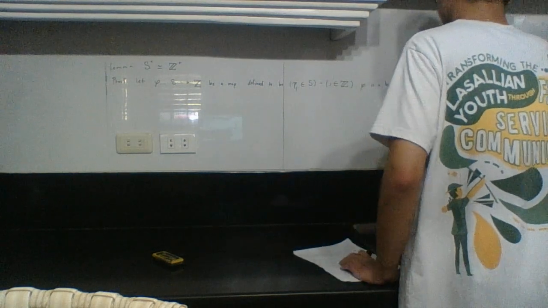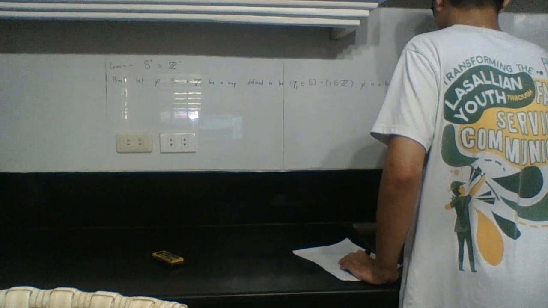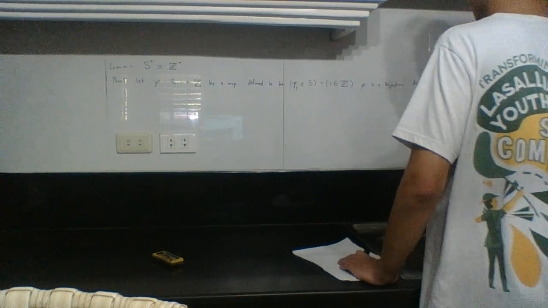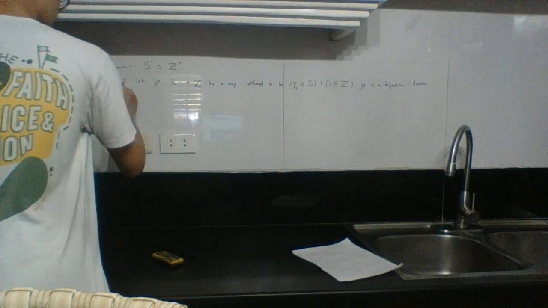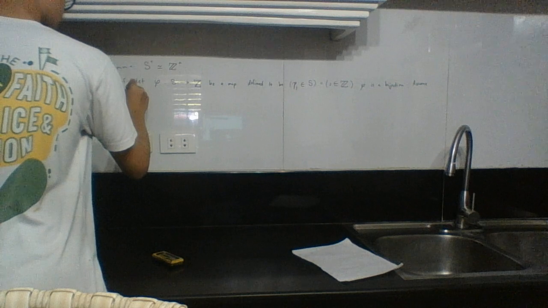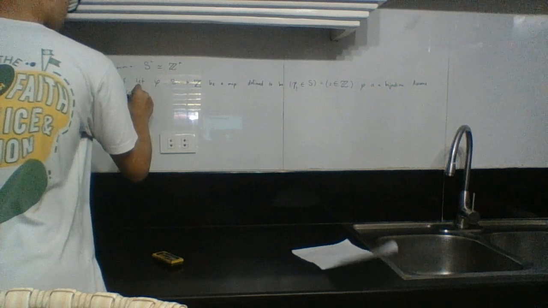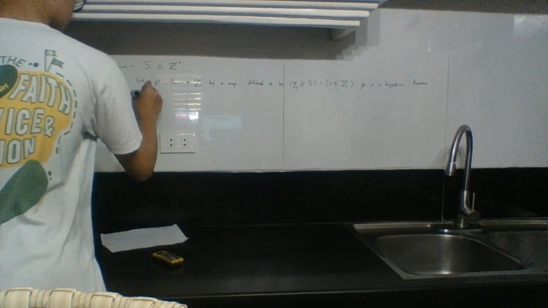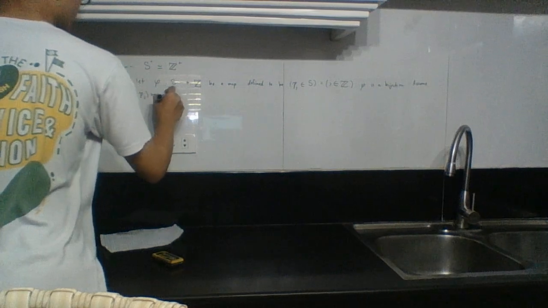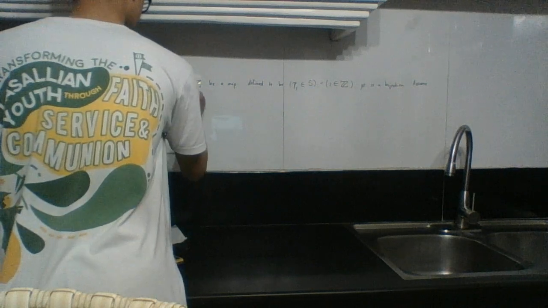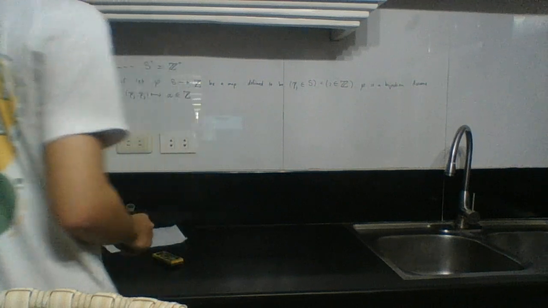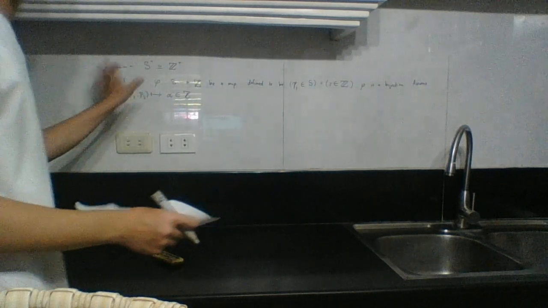Okay, so assume varphi maps p sub i and p sub j to an element, call it alpha, inside the integers. So assume that it maps two elements onto one element.